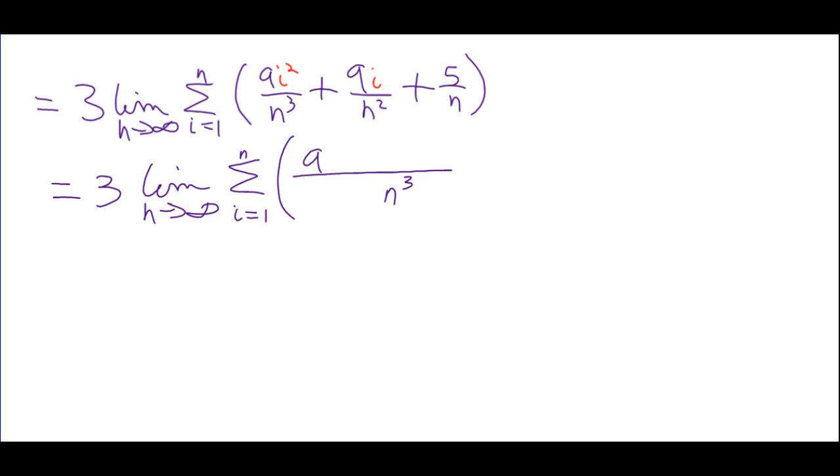So it's 3 times the limit as n approaches infinity, the sum of i equals 1 to n of 9 times, what's the sum of i squared? So we look on our formula sheet, we know that there's a sum for i squared, which is n times n plus 1 times 2n plus 1 over 6.